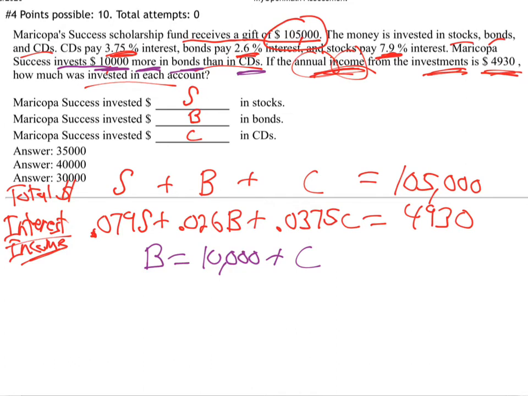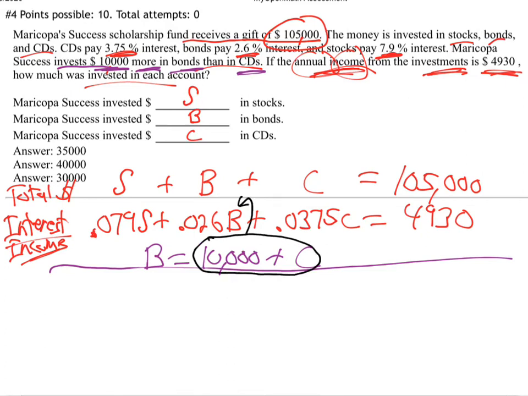Now we can start solving them. We have 3 equations with 3 letters. So how do we go about solving them? Well, we're going to do just what we did in the last one. We're going to take that third equation and plug it in for B there and for B there. So let's do that.